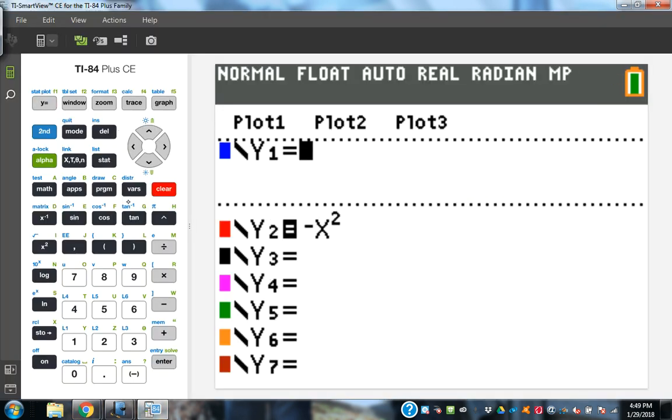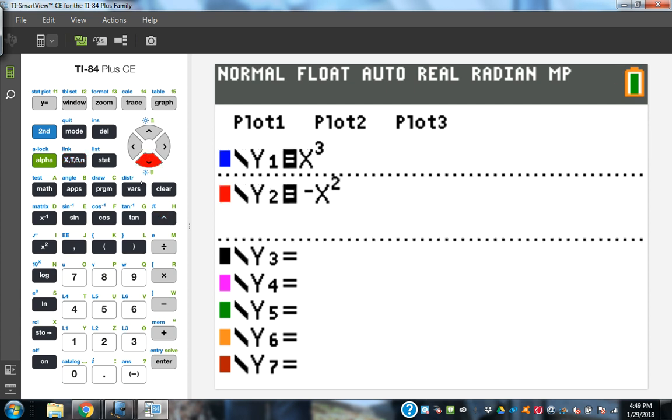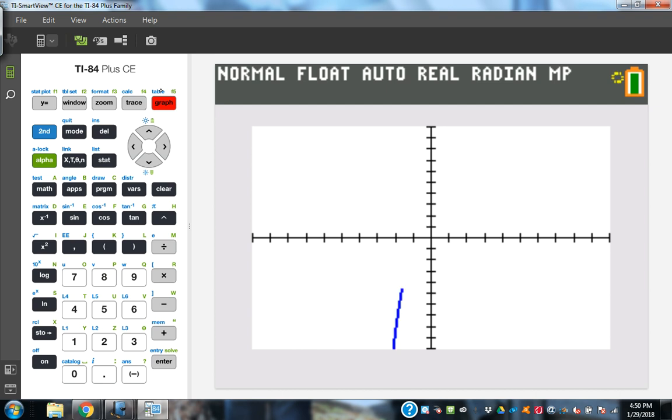So if I clear that and go x to the third as the original, and then do parentheses negative x raised to the third. So the blue one is going to be the original graph. And then here comes the reflected across the y. You can see it spun there. The x squared one, you're not going to see any difference. It's going to land right on top of it because it's symmetric across the y-axis. But here we can see it spinning across that.